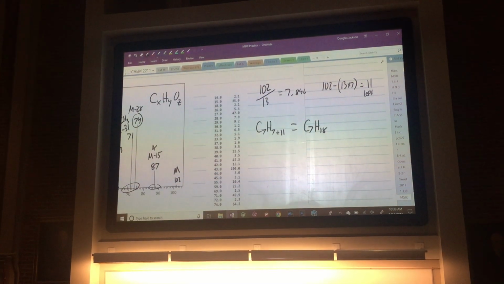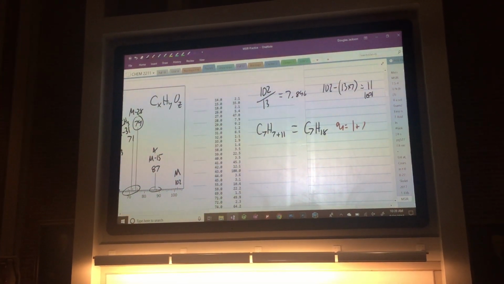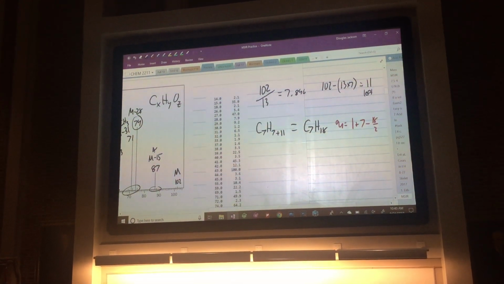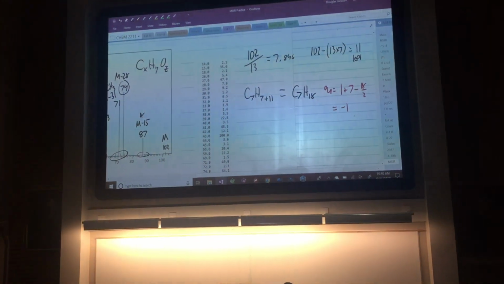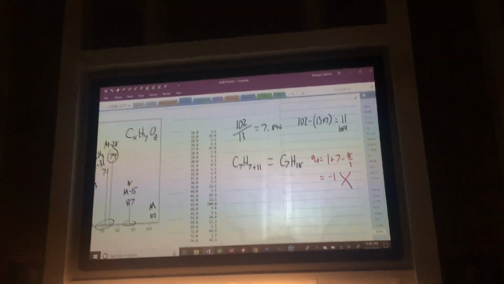But does it make sense? No. Degrees of unsaturation: 1 plus 7 plus the number of carbons minus hydrogens over 2. 8 minus 9 is negative 1. That can't be right. But we knew that wasn't right because we know we've got an oxygen in there from the IR.